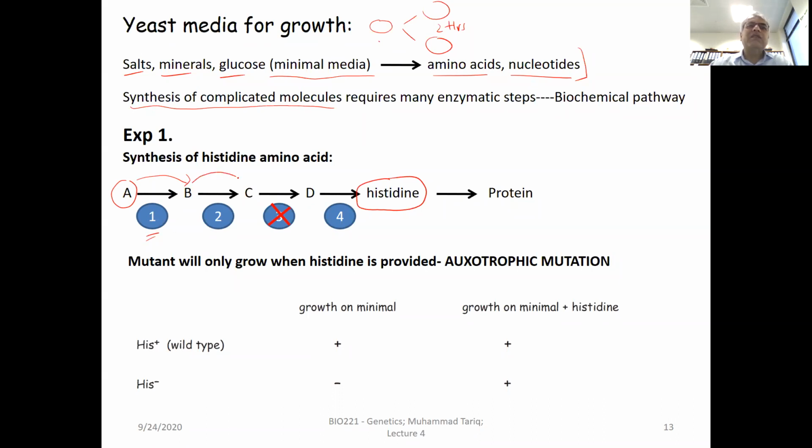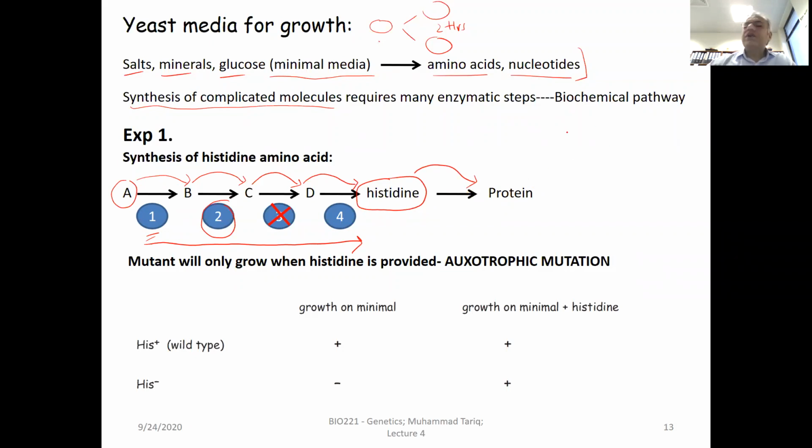Then B needs to be converted into C, another gene is involved, or another protein, not gene, protein product, which means gene products. C goes to D, and then eventually we have the histidine. So this constitutes a biochemical pathway. And finally, the histidines go into protein synthesis when ribosomes are decoding the messenger RNAs.